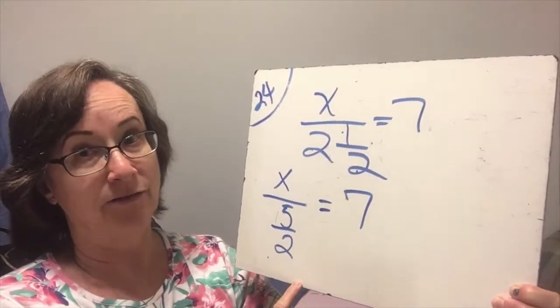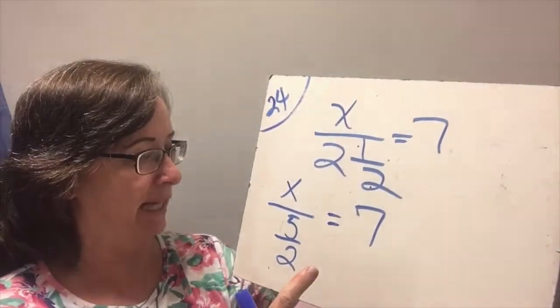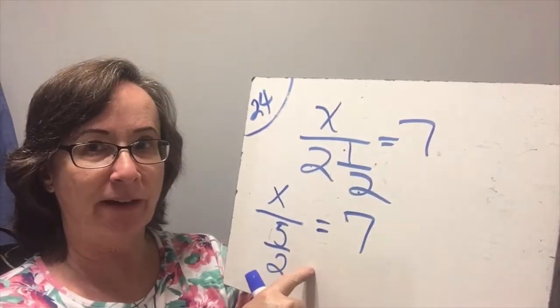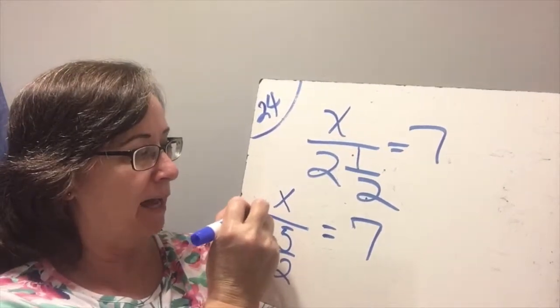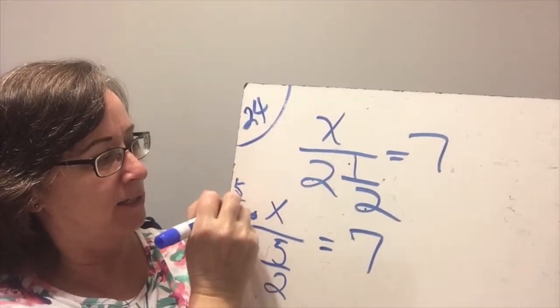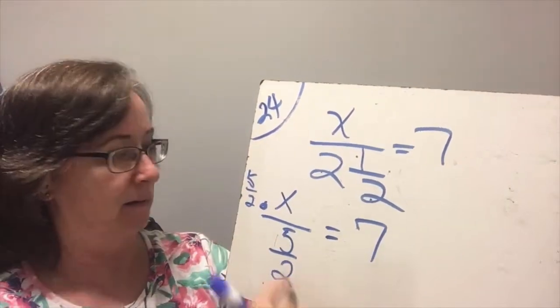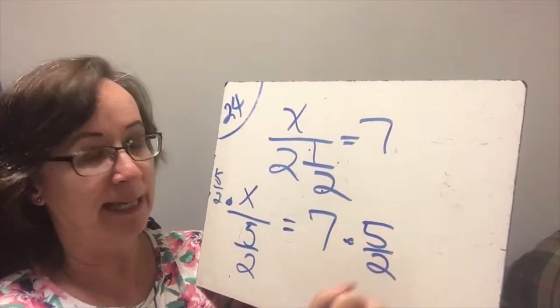Multiplying by 2/5. So basically, how can I get rid of this thing? I want to get rid of the 5/2. The 5/2 is in the denominator. So I'm going to multiply by 5/2 because the whole 5/2 is down here. So I'm going to multiply by 5/2 on both sides.